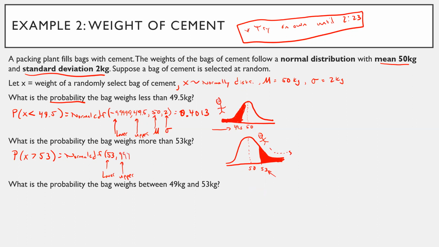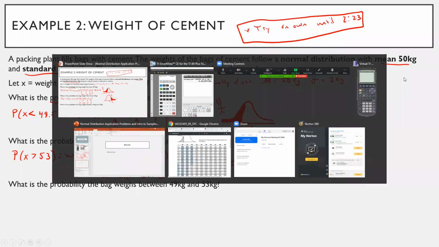Here I would put 99999. And then the mean is still 50, and the standard deviation is still 2. So the roles just switch. Notice how over here it has to be negative, but over here it's positive. The roles just switched on this one.